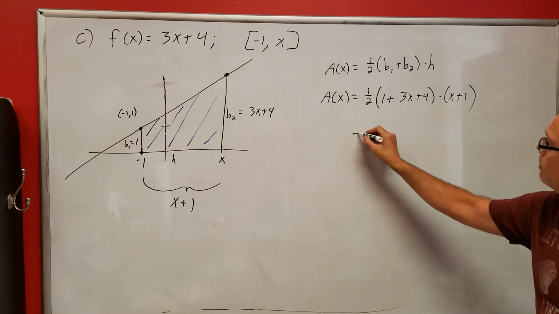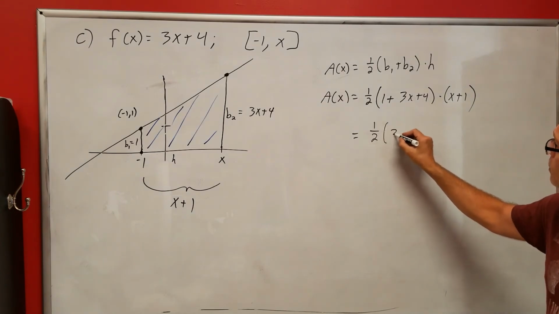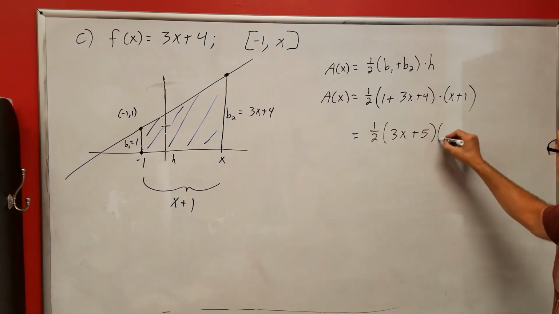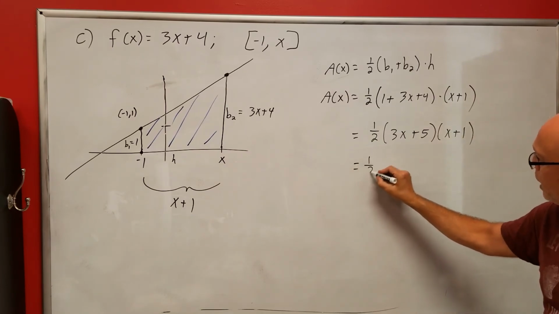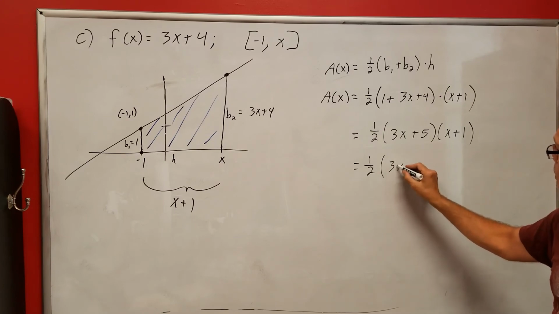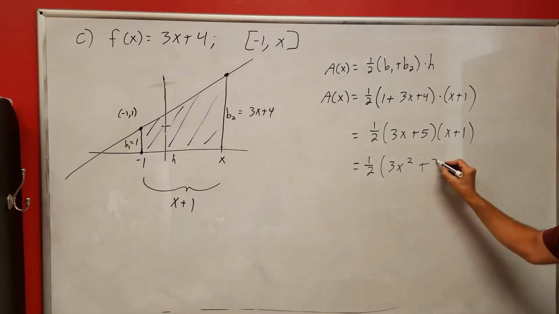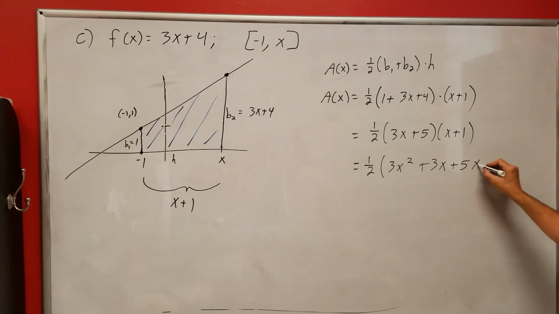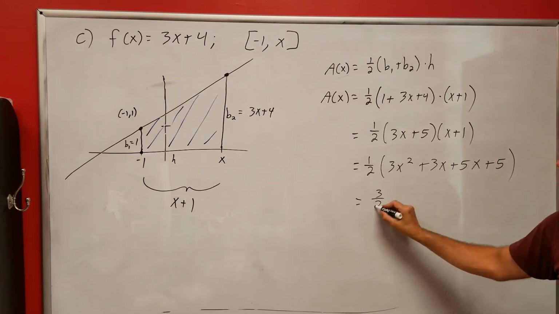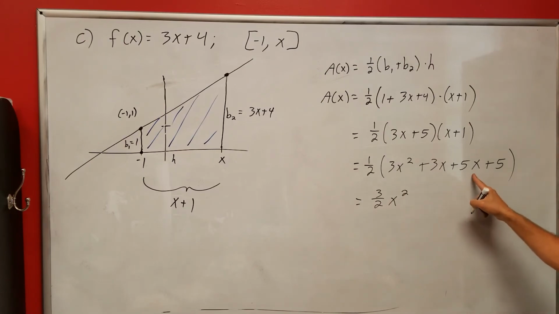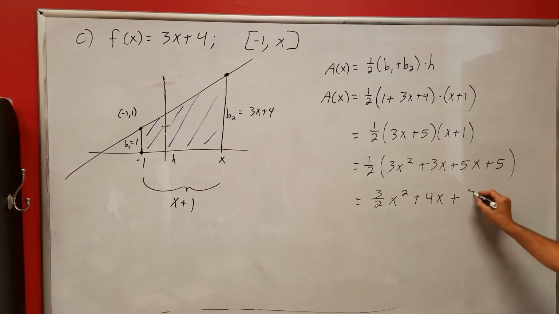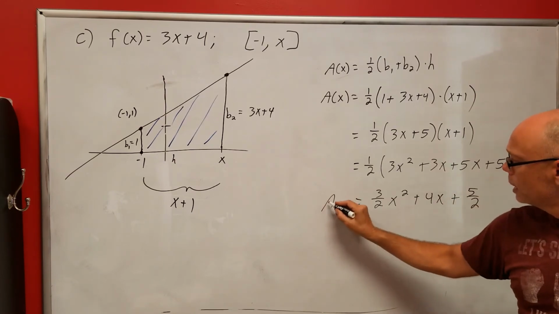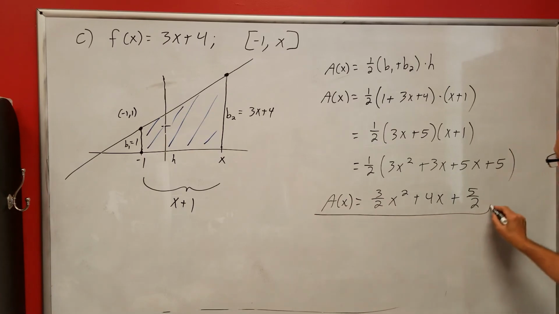Well, let's simplify. So that's 1/2 times (3x plus 5) times (x plus 1), right? So that's 1/2 times (3x squared plus 3x plus 5x plus 5). And that'll give me 3/2 x squared. That gives me 8x, right? Half of 8x is 4x, plus 5/2, and that's my area.